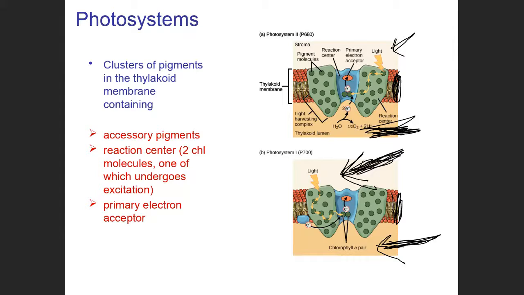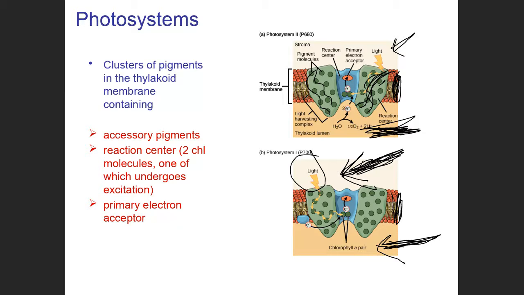Stroma of the chloroplast. Okay, so when the sunlight is hitting photosystem 1 or photosystem 2, those accessory pigments are going to harvest. They are going to go from less excited to higher excited, and they are going to move.